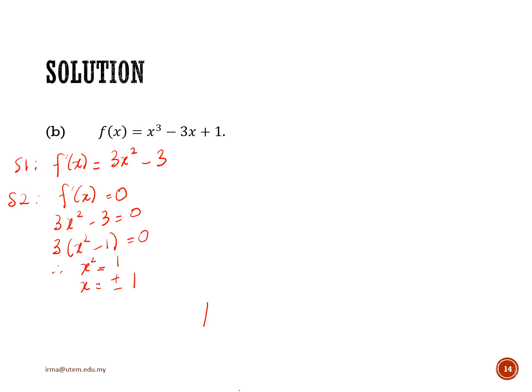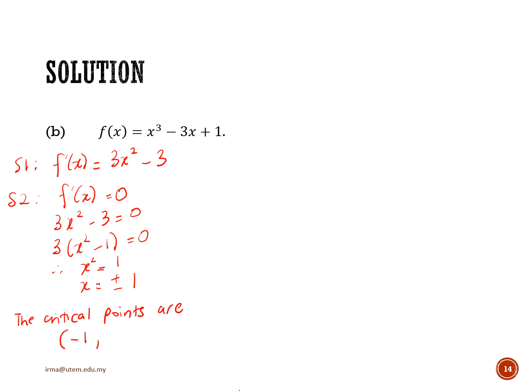So we will have two critical points here: one is x equal to positive 1 and another one is x equal to negative 1.